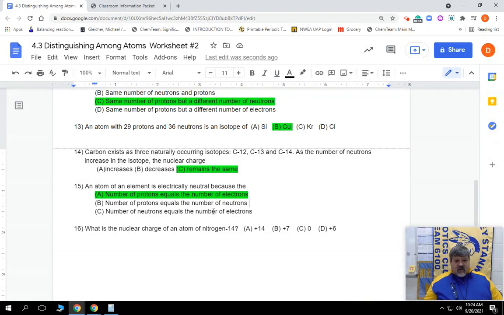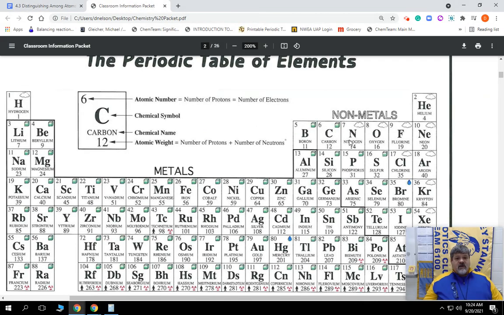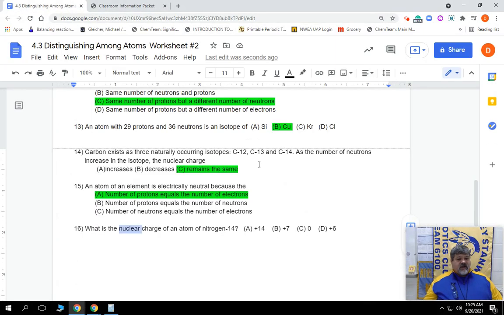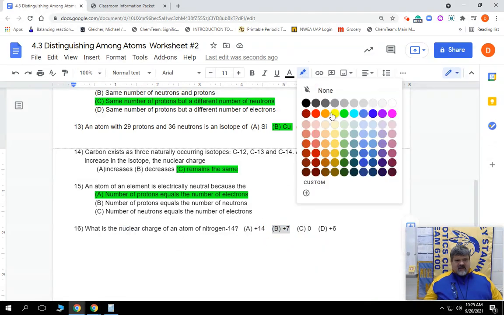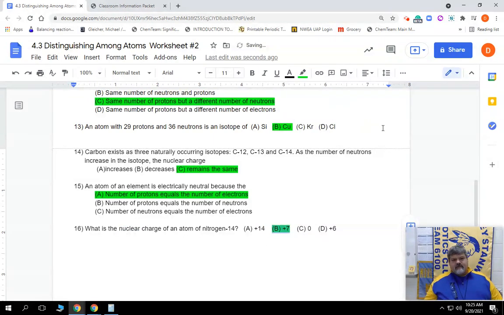We know that overall it's neutral, but that's when we include the electrons in the electron cloud. But here they're only asking about nuclear charge. So let's go ahead and find nitrogen. Nitrogen is right here. So the atomic number is 7. So that's the number of protons. So we can go ahead and see the overall positive charge is positive 7. Not a question that I like to answer that way, but hey, it is a good question and valid for when you figure out how to do things.